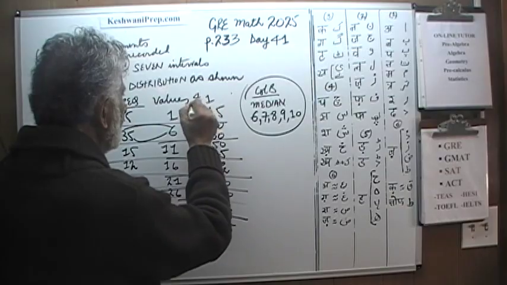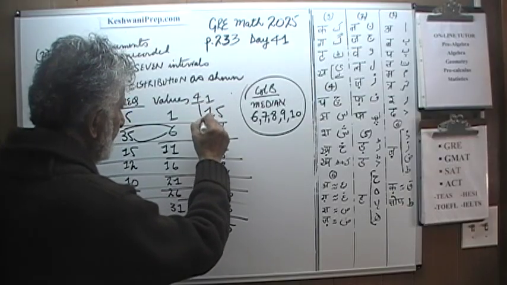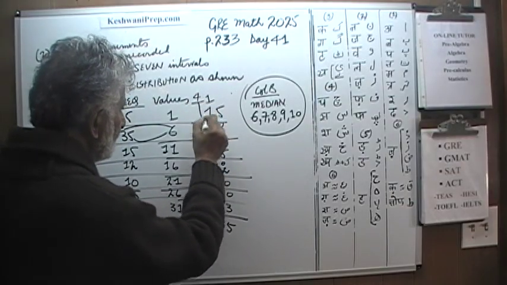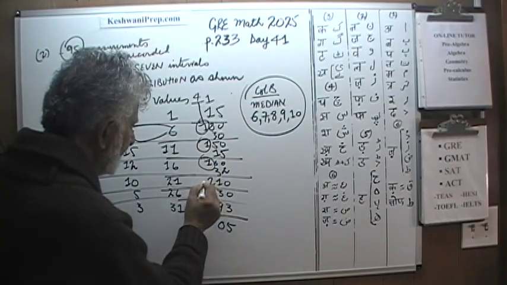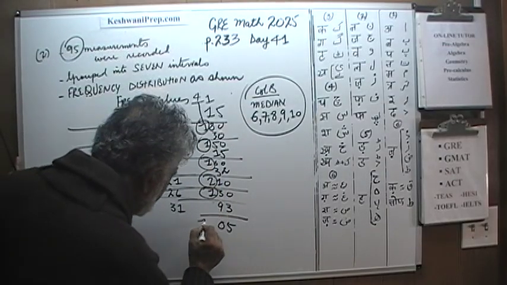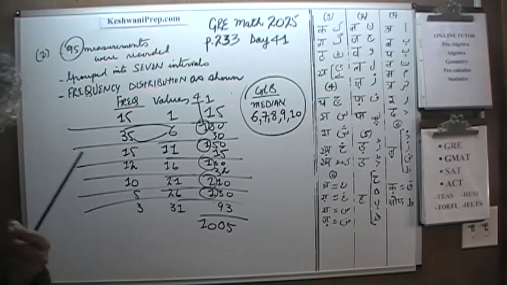Carry 4, and the 4 is going to be in this category right here. 4 plus 1 is 5, 6, 7, 8, 9 and 10. I come up with 1005.